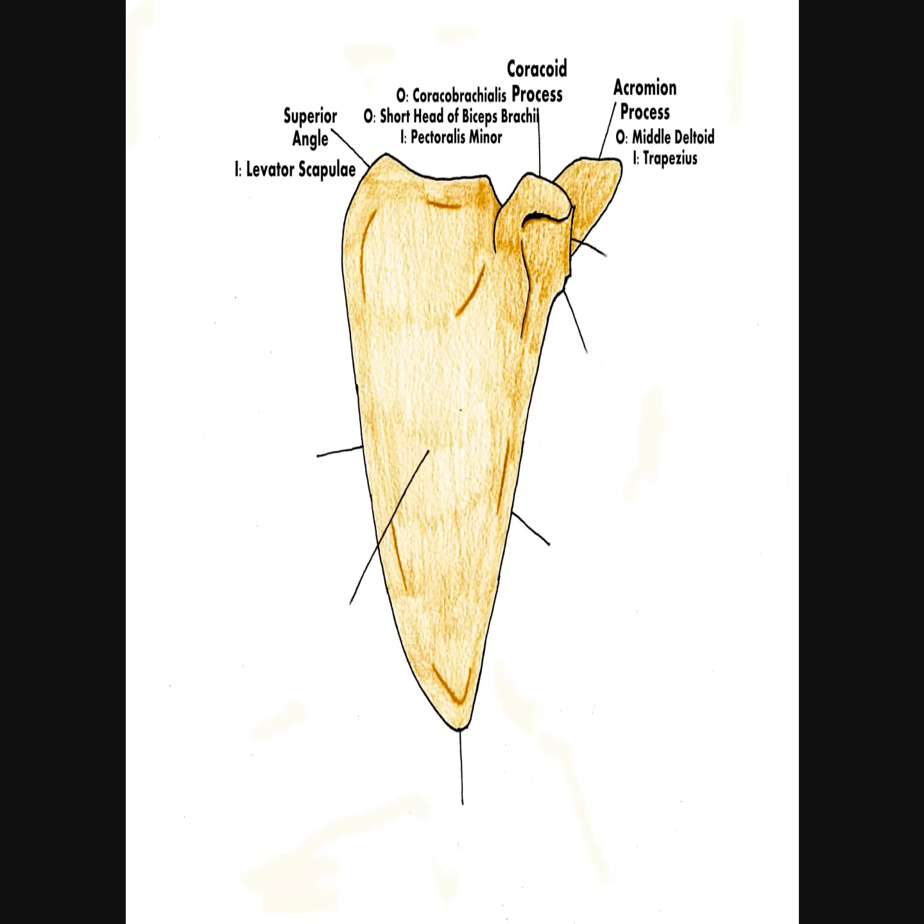So because we have a superior angle, we also have to have something that's opposite of that. We wouldn't use directional terms in the name of something if there wasn't something else in the body to distinguish it from. So if we have a superior angle, we also have to have an inferior angle right at the bottom of the scapula. We've got one muscle that originates on the inferior angle of the scapula.